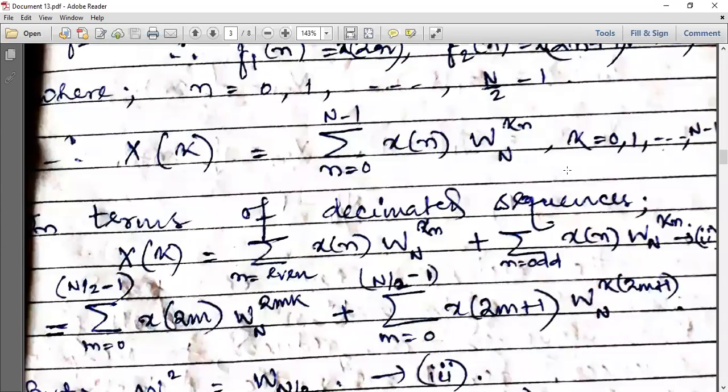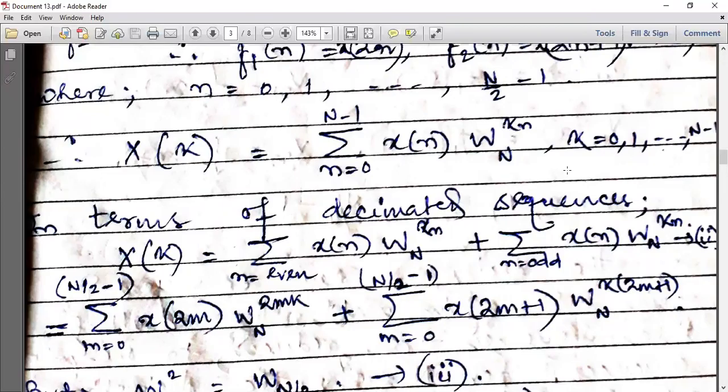Now, in terms of decimated sequences, X(k) can be written as summation of n equal to even x(n) W_N to the power kn plus summation of n equal to odd x(n) W_N to the power kn. Means even numbered samples and odd numbered samples I've told you. So total X(k), the total discrete Fourier transform, I've split it into even part and odd part. Okay.